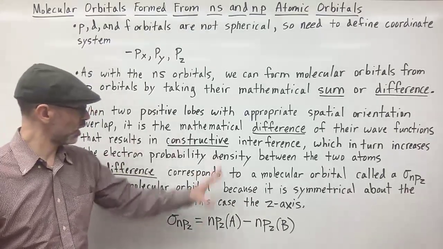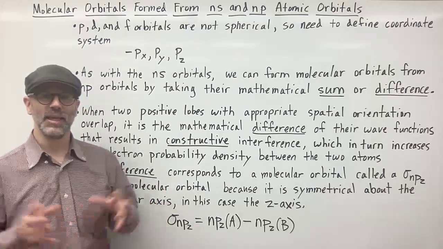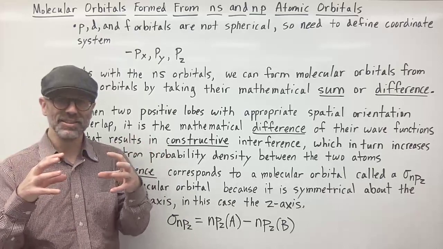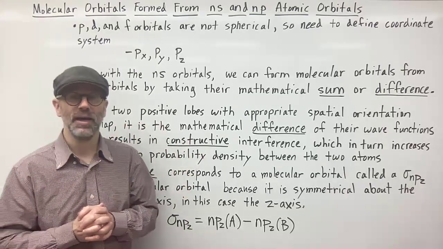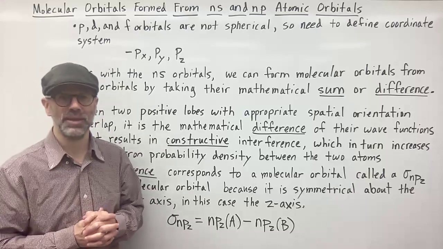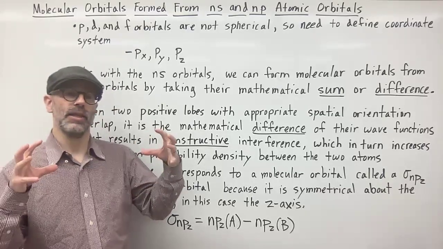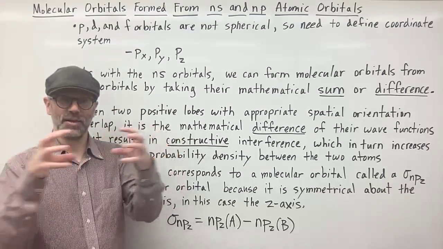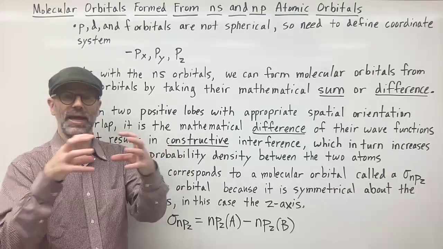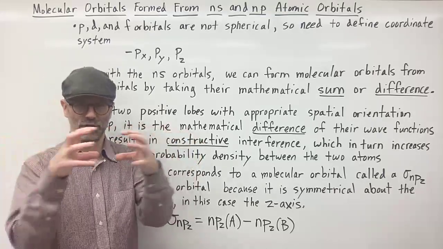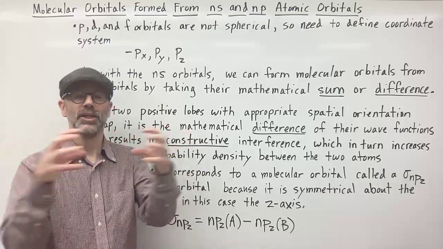So in a nutshell, remember from before when we were talking about the overlap of the atomic s orbitals, right? The interaction to form a bonding orbital from the s orbitals resulted in a sigma because the electron density was internuclear such that it formed a spherical or cylindrical shape along the internuclear axis.